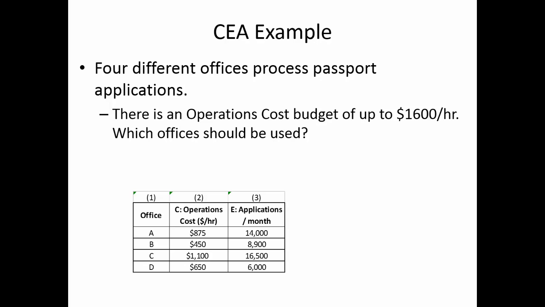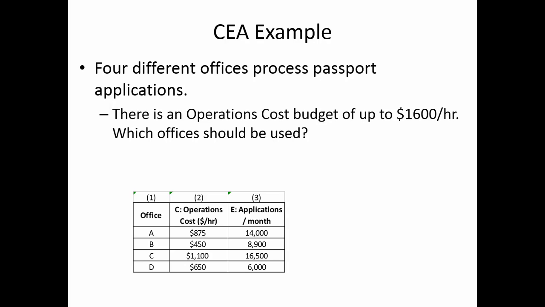Office A, you can see, has a certain operations cost, and this is probably the salary of the people that are there. It has to do with the location because the rent is going to go into their operations cost. It's going to have to do with the utilities that they use. And so all of the costs of operating this office are $875 per hour.